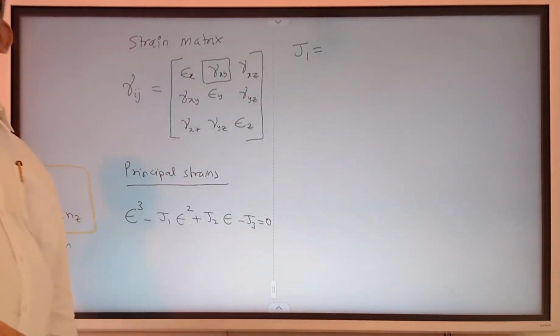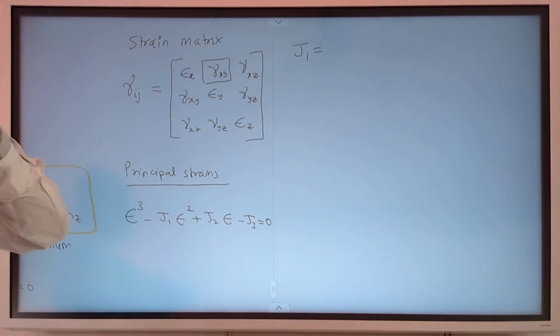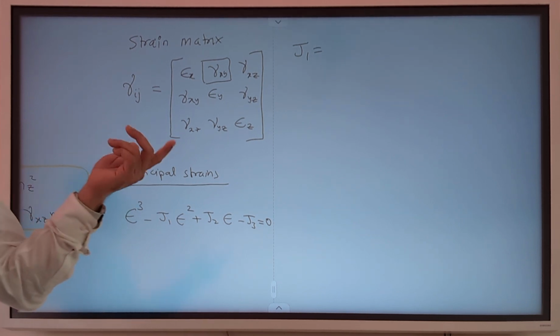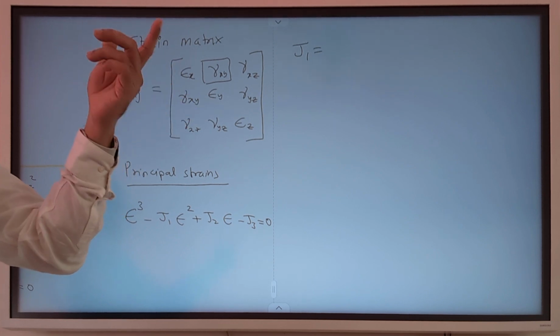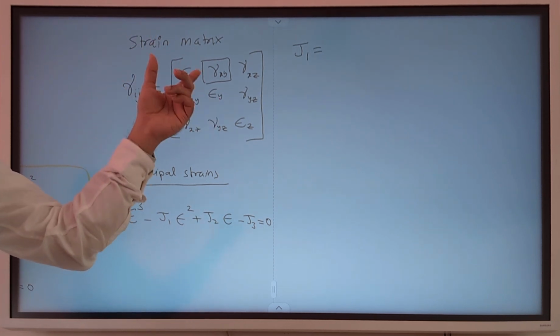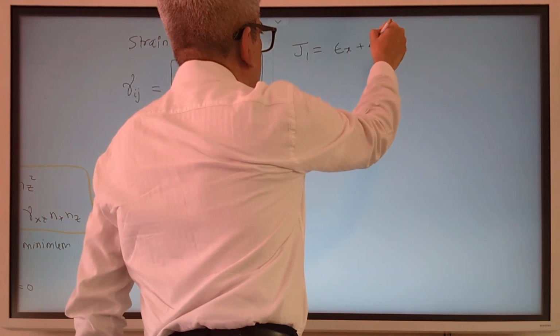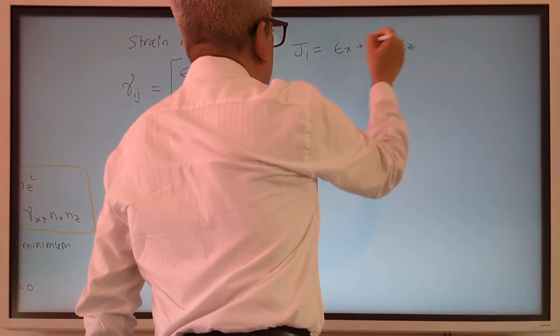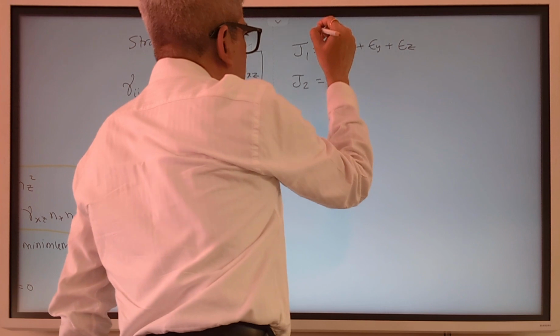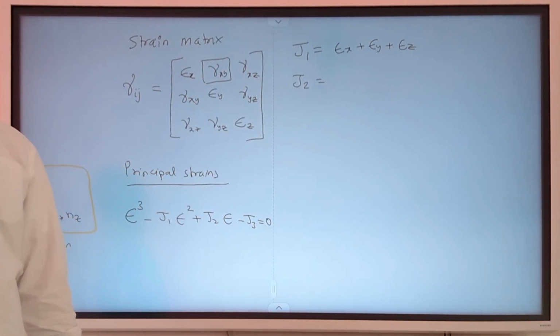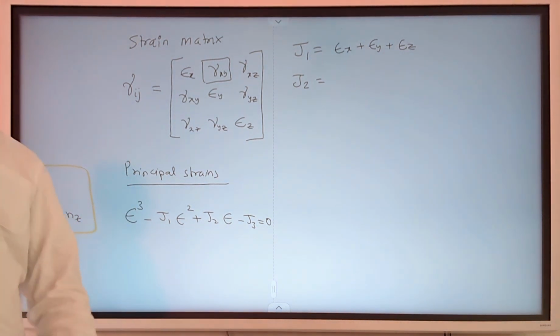Anybody recollects what is the expression for I1? Yes, that's right. Instead of sigma x plus sigma y plus sigma z, it will be epsilon x plus epsilon y plus epsilon z. The J2 expression is second order. Anybody recollects? Or you can refer to your notes and tell me.